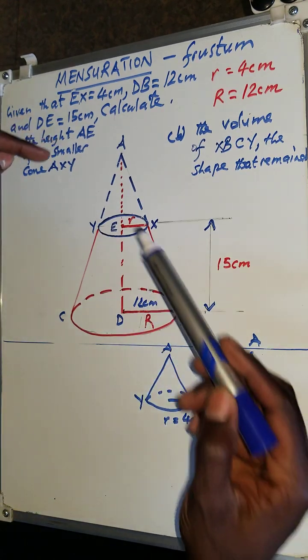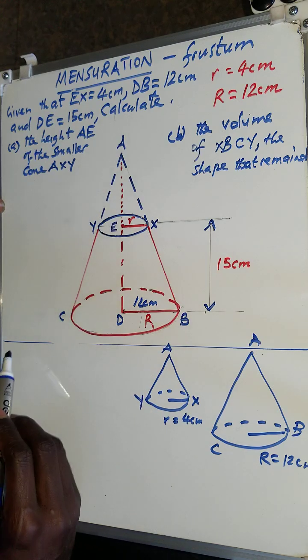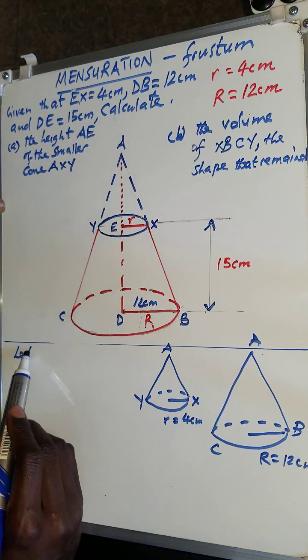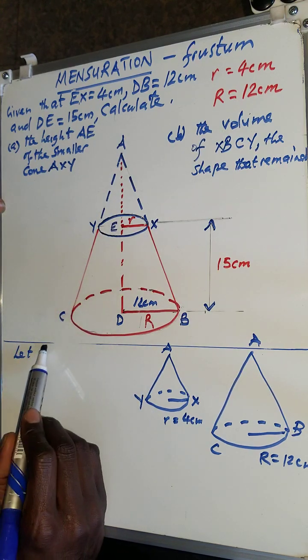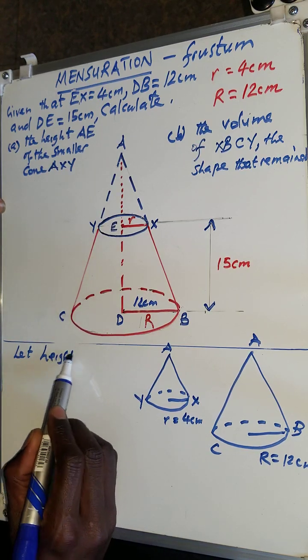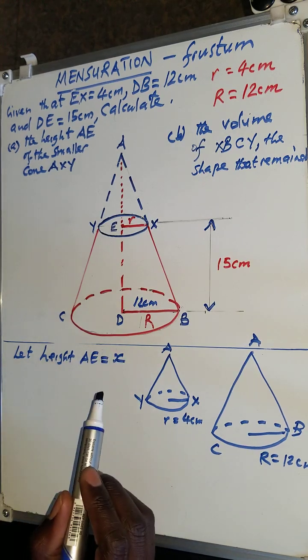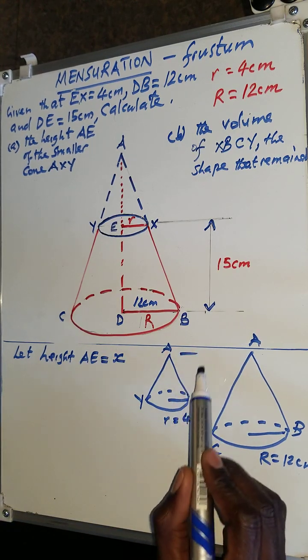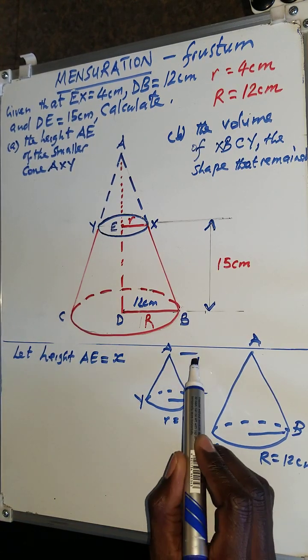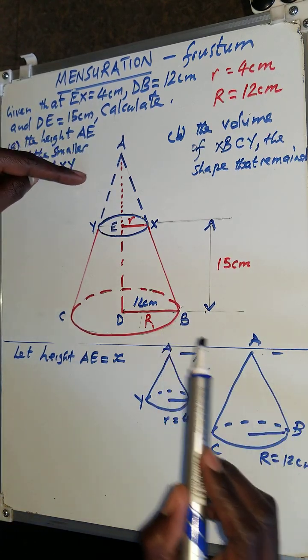Now, since they want me to find the height AE, let the height AE be equal to X. So I'm going to represent it by X, meaning the height from here to there is represented by X. Then what is the entire height?